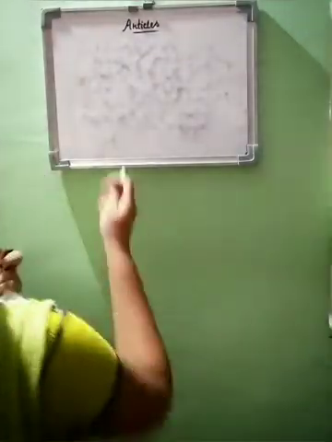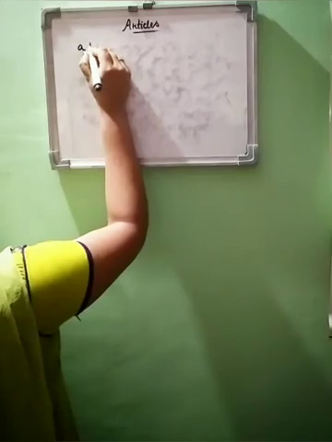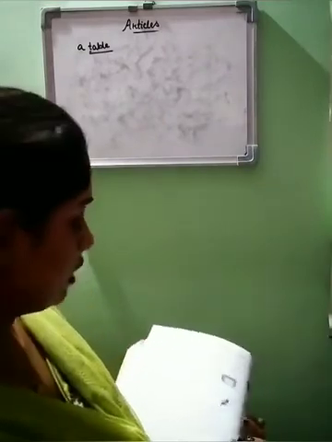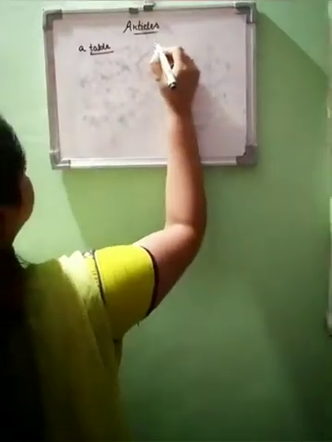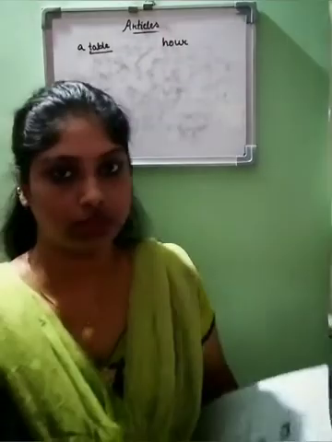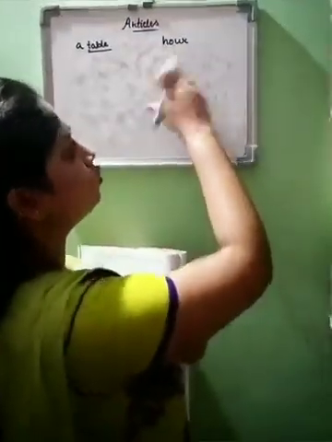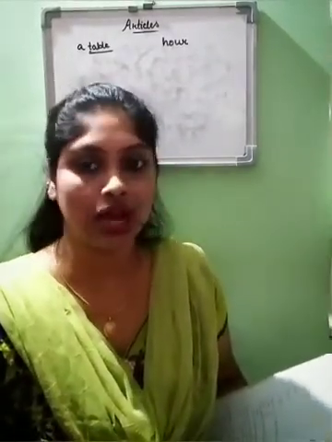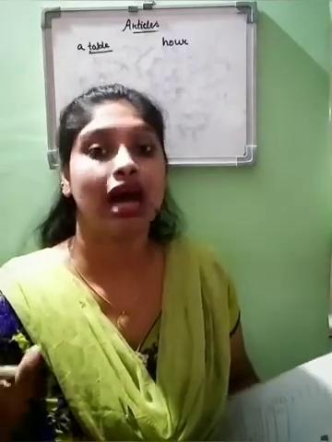Suppose, for example, we use a table. Table starts with a consonant, right? But now if I say hour, H-O-U-R, how would you pronounce this? Are we pronouncing it as "hour" with an H sound? No, we are not. We pronounce it as "our".